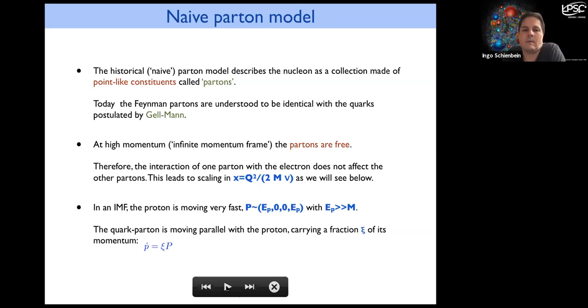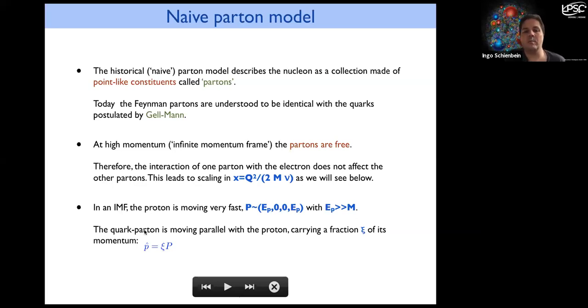And kinematically, at high momentum, in a so-called infinite momentum frame, the partons can be considered as free. And then the interaction of one parton with the electron does not affect the other partons, and this leads to scaling in Bjorken x, as we will see below. In an infinite momentum frame, the proton is moving very fast, so that its four-momentum is given by the energy, 0, 0, the energy, and the energy is much bigger than the proton mass.